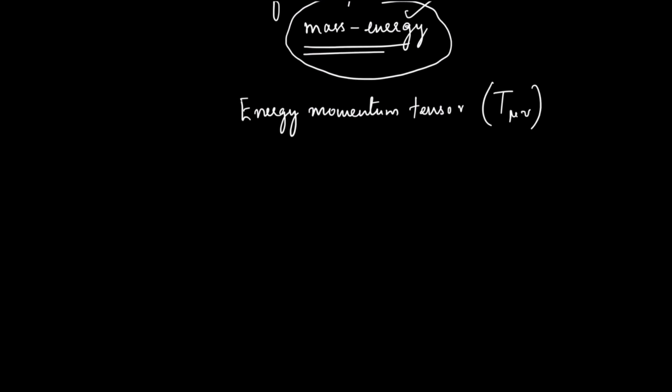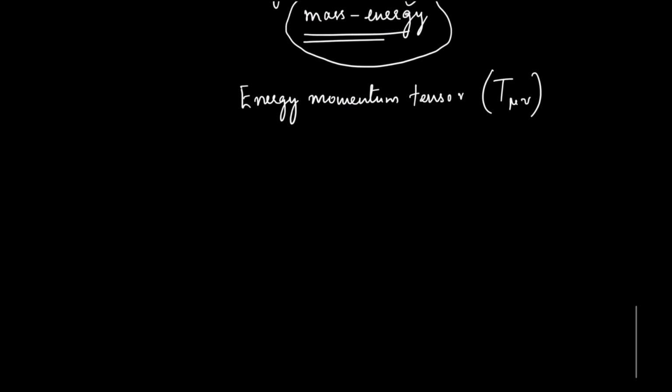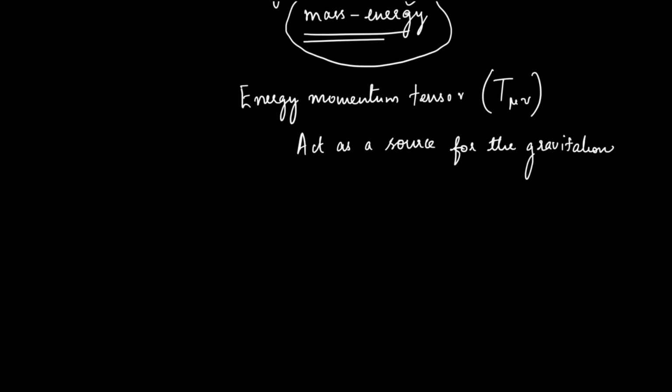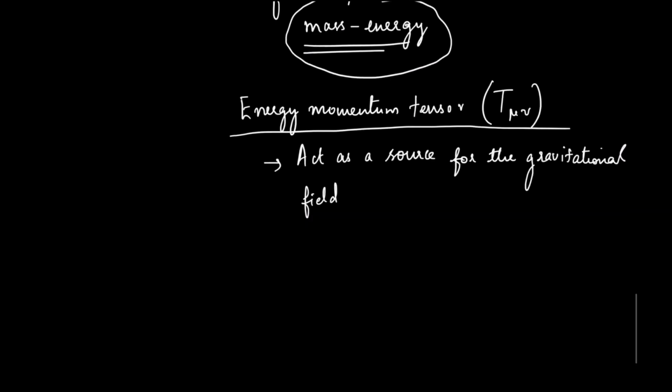Okay, so this is energy momentum tensor, and this will represent the mass energy distribution, and it will act as a source for the gravitational field. So energy momentum tensor will give the distribution of mass energy, as well as it will act as the source for gravitational field.